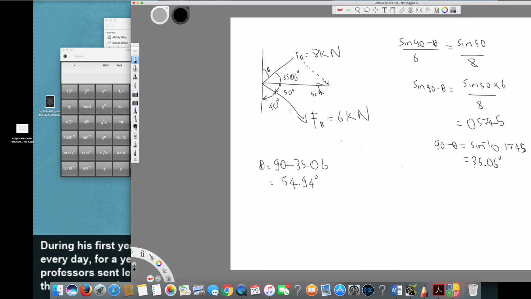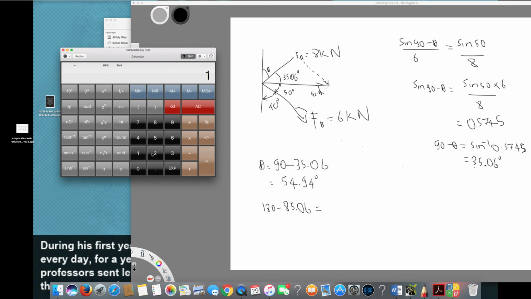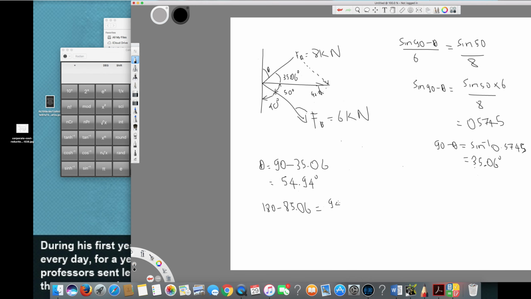Here we know that this angle is 85.06 degrees. Therefore, we have to deduct this number from 180 degrees. 180 minus 85.06 is equal to 94.94. That's going to be the angle opposite to the resultant force.